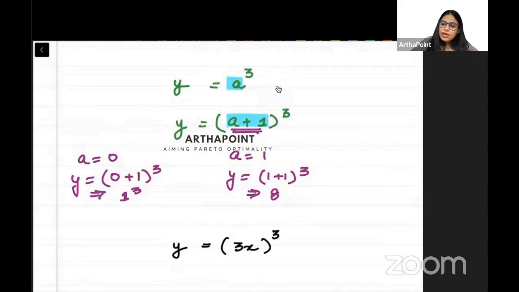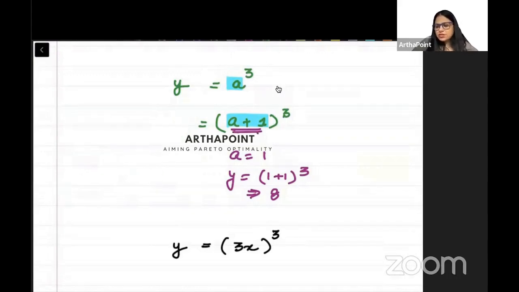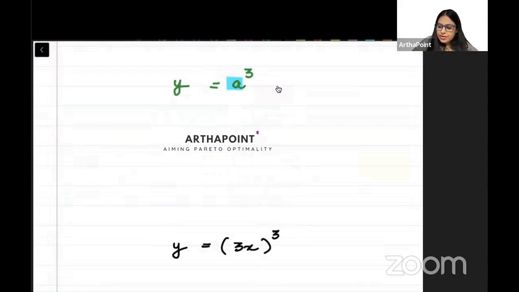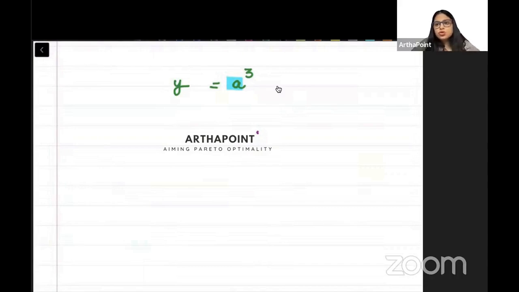Many people have this confusion, and today we will clear it out permanently, beta. The confusion that students have here is about f of a plus 1.